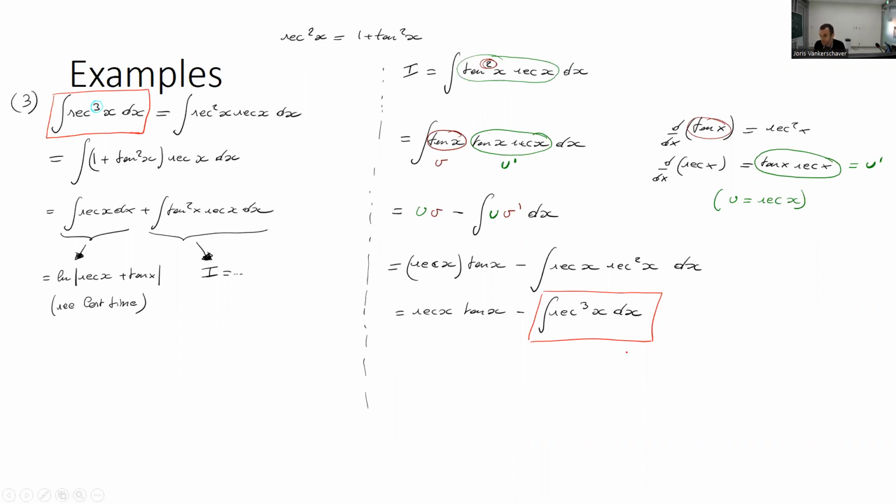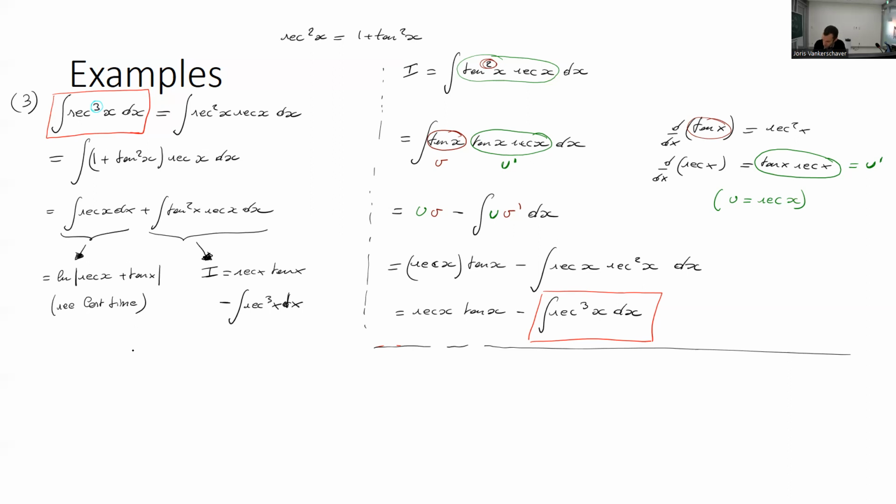At that, I will say not so fast. Let's have a look at what we have obtained. So I can put this aside, and now I can say the integral I had to compute is secant x tan x minus integral of secant to the power 3 x dx.